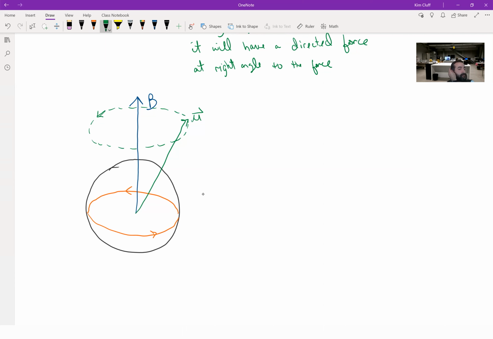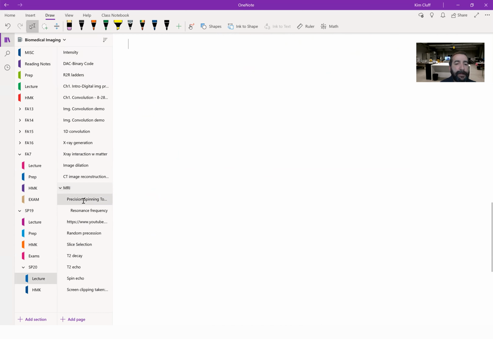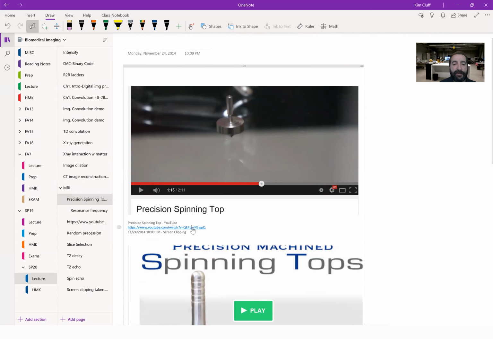This is what's called precession. So it's kind of this wobbling. And let me try to show you guys a little video and see if it will make a little bit more sense. What is precession? Let's see if I can pull up this video.